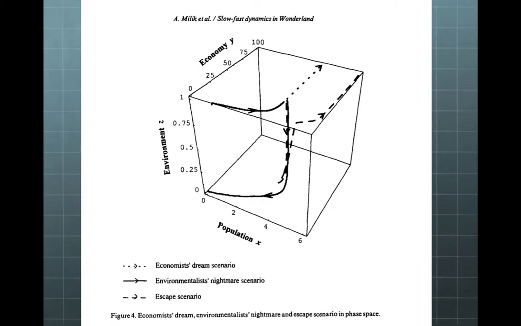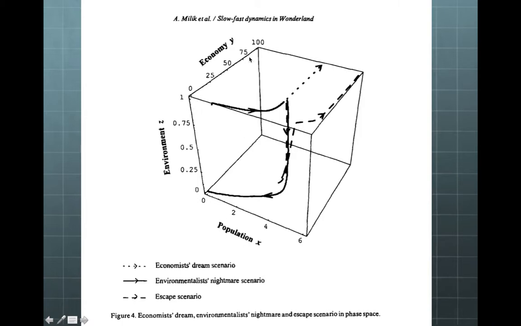One of the things they do nicely in this paper is think about population, per capita output production, and natural capital as X, Y, and Z variables plotted over time. You can generate essentially these trajectories.